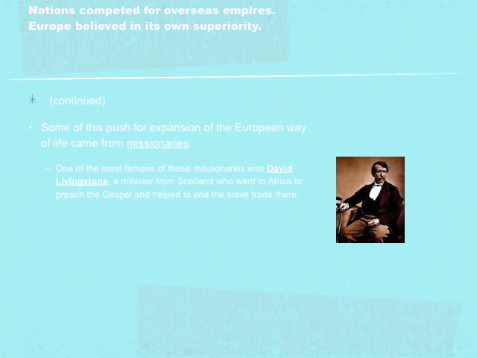Before European governments got involved in colonizing areas of Africa and in taking over in India and Southeast Asia, China, there were a lot of missionaries that would travel around the world trying to spread Christianity. In particular, David Livingstone was a minister in Scotland, and he went to Africa to be a missionary and also to help end the slave trade.